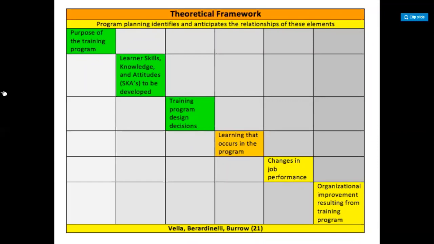Then, for example, if there are training program design decisions, if the learning process occurs inside the program, if there is a change in job performance, everything inside the theory could help us validate all the aspects we were talking about inside the problem.